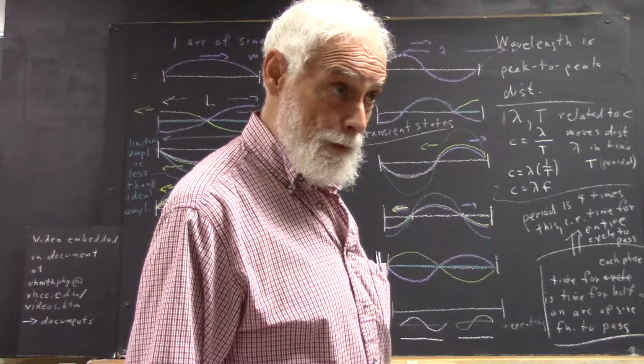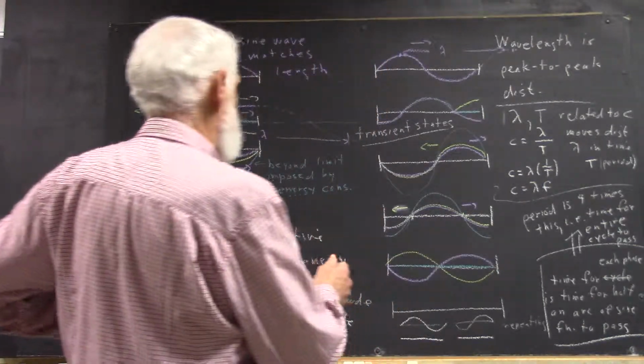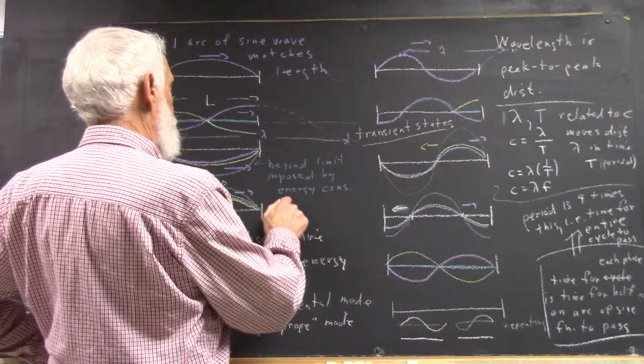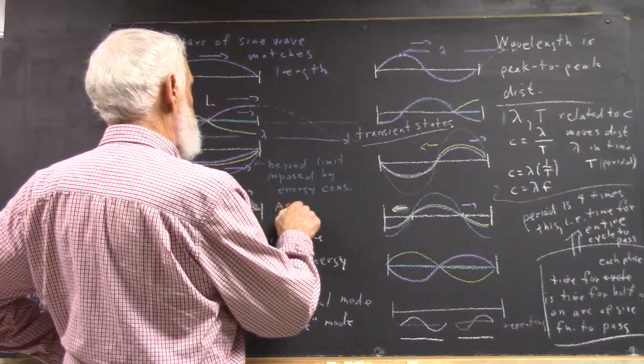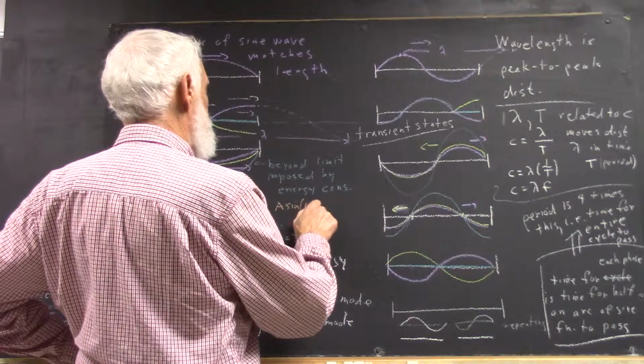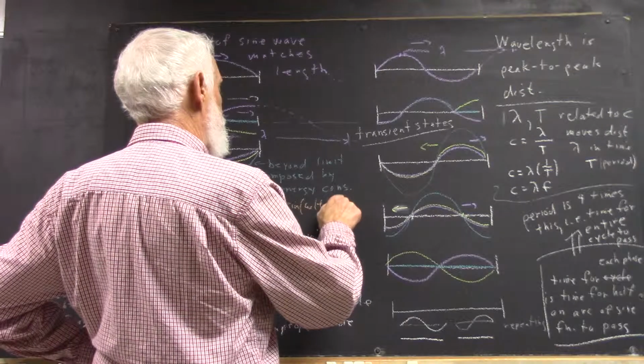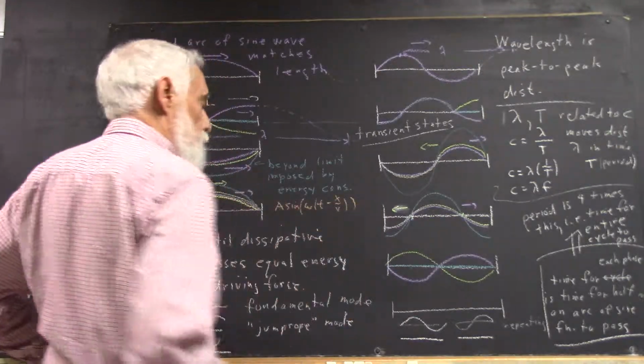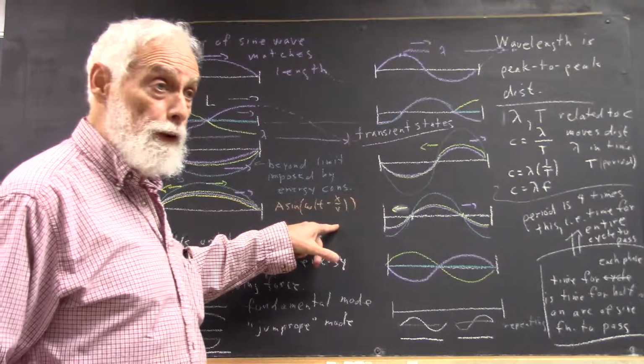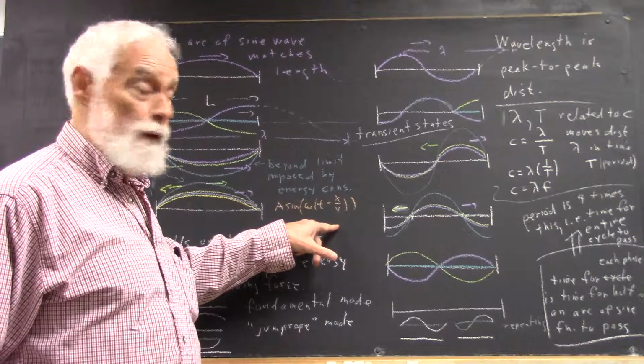how do we model the function, okay? Well, I tell you that one wave, and we saw this last time, right, there's a model of a wave moving to the right.